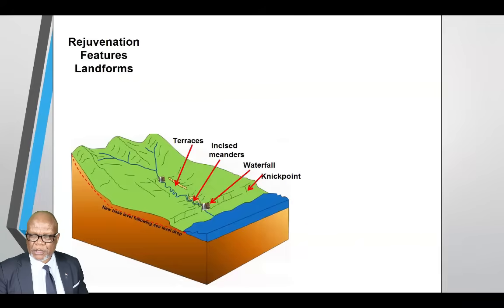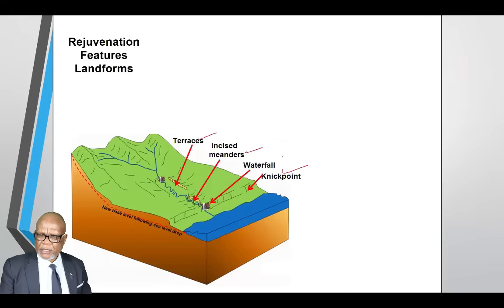So your neck point can be a waterfall, it can be a dam wall, it can be anything. And then the features of river rejuvenation: you can tell there's a neck point, there's incised meanders, there's terraces, there's waterfalls.